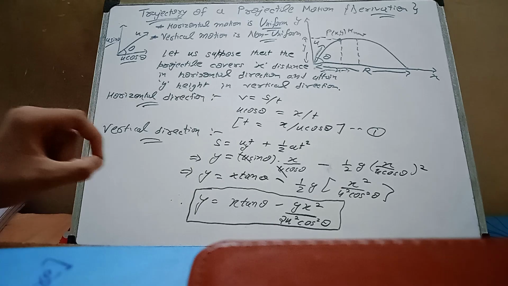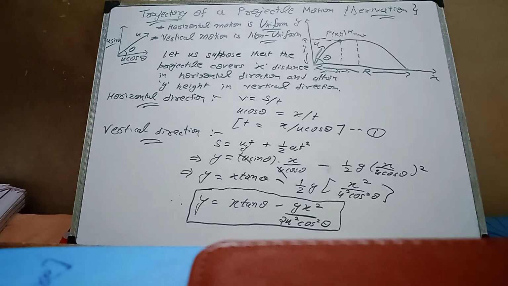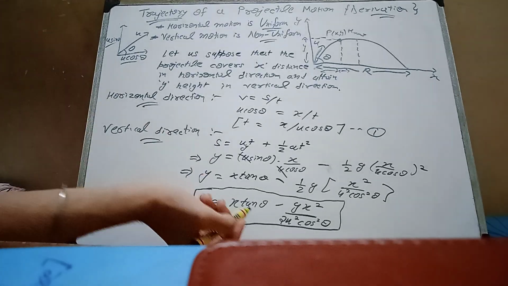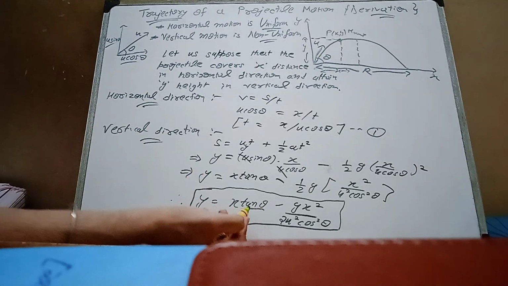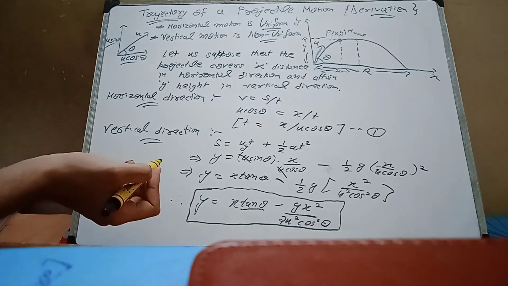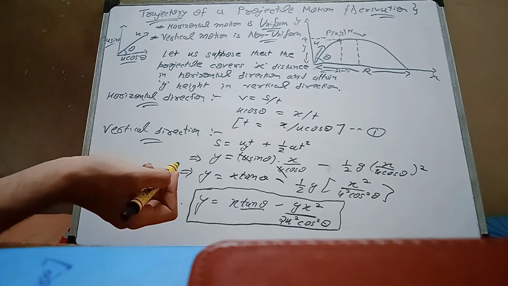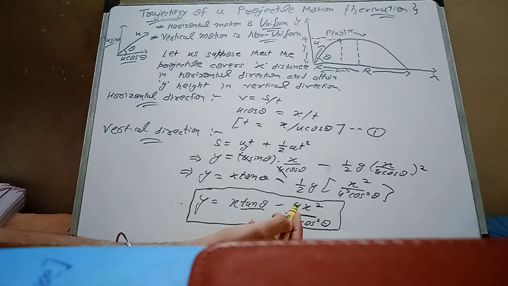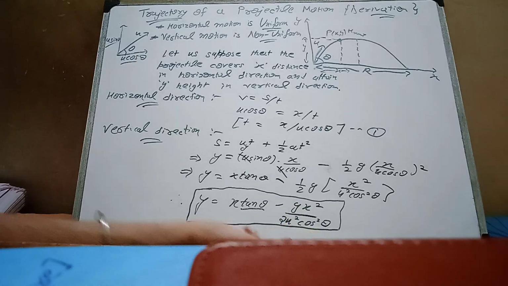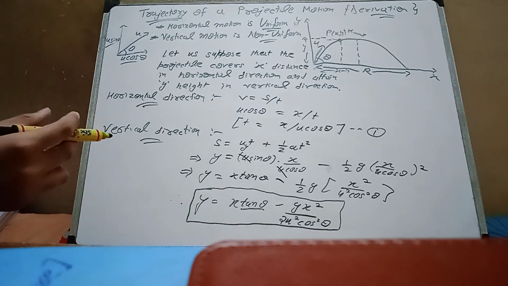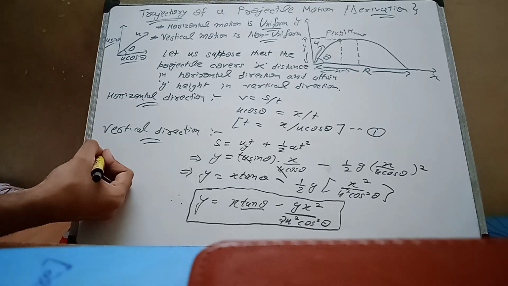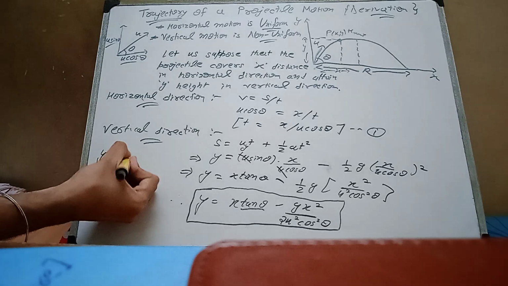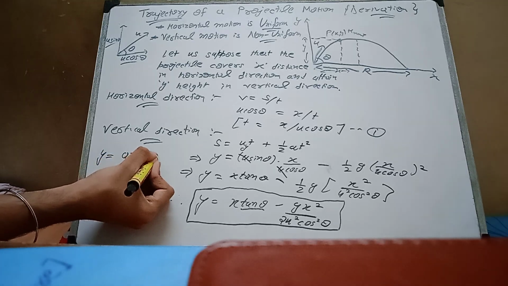If you know the equation of a parabola, you can see that tan theta is constant, and this g upon 2 u square cos square theta is also constant. So this can be written as y equals ax minus bx square.